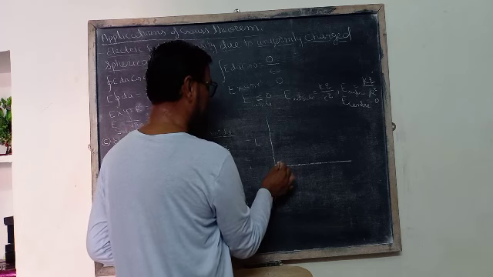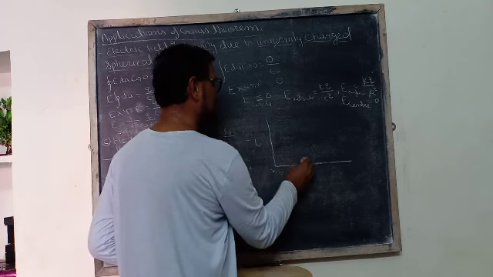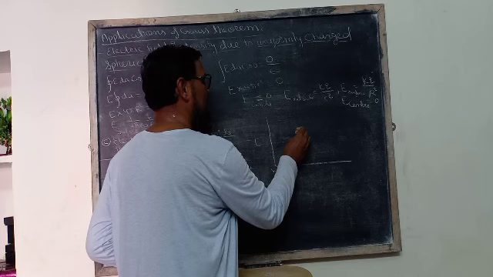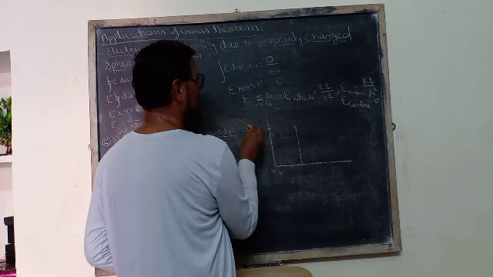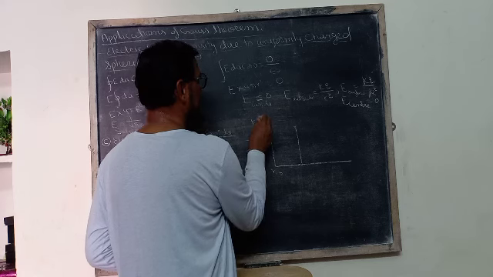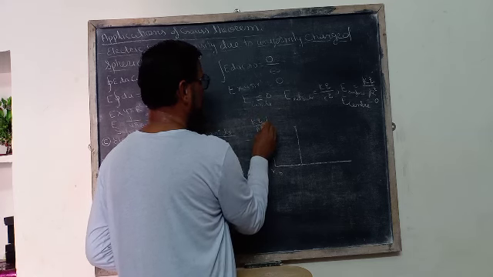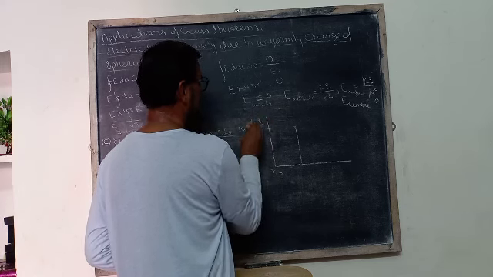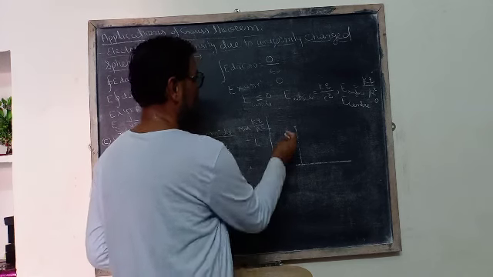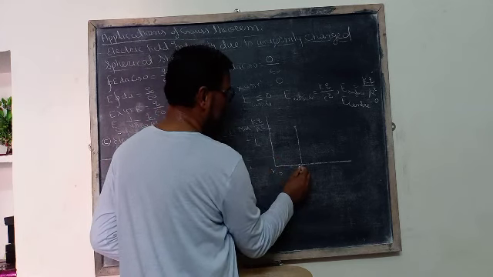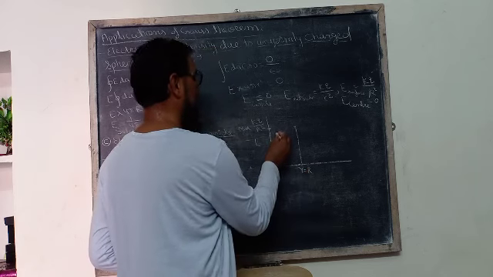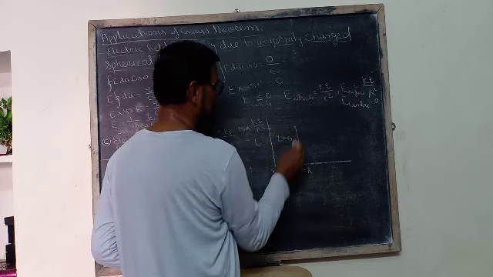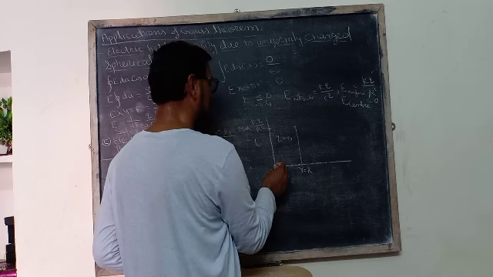From the center to the surface the electric field intensity is 0 because the charge is 0, and this is the maximum electric field intensity, kq upon capital R square. From this point to this point, this is on the surface, small r is equal to capital R. Since q is 0 inside, the electric field intensity is also 0.